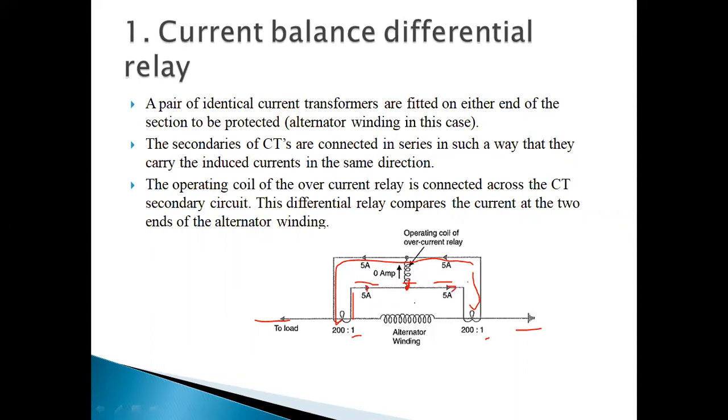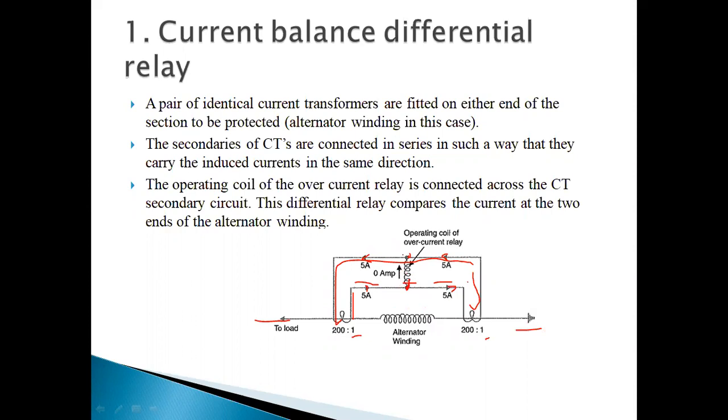So incoming current should be equal to outgoing current, then only we can say that this is a balanced condition. For this node also, incoming current is 5 ampere, outgoing current is 5 ampere.